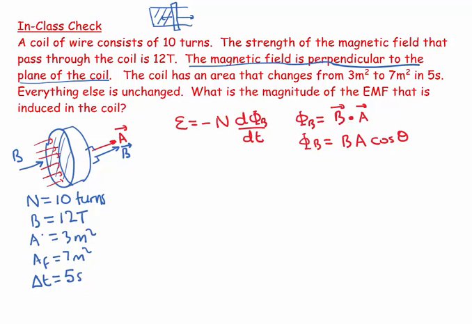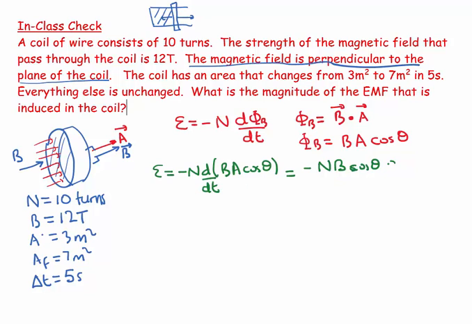Okay, so now we can manipulate. So let's have a look at this. My E is equal to minus n d by dt of B A cosine of that angle. So this equals minus n, and that B is going to be constant, so let's bring that out. That cosine theta is going to be constant, so let's bring that out.